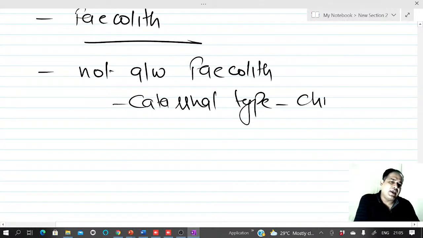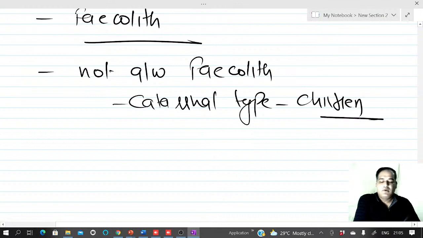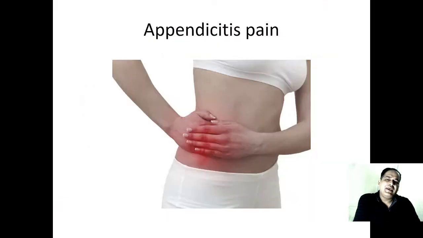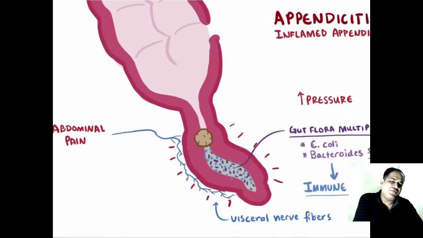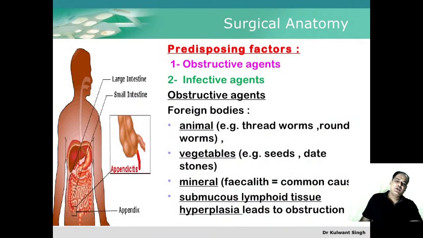So catarrhal type is more common in children. Let me just show you a fecolith. See, a fecolith might obstruct the lumen, and here the infection will flourish like anything.